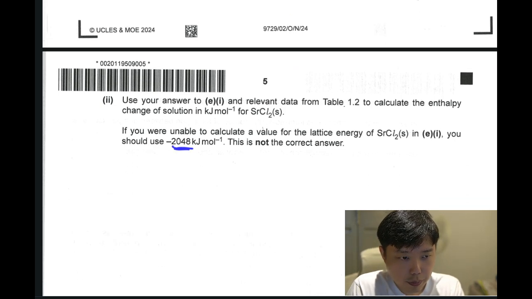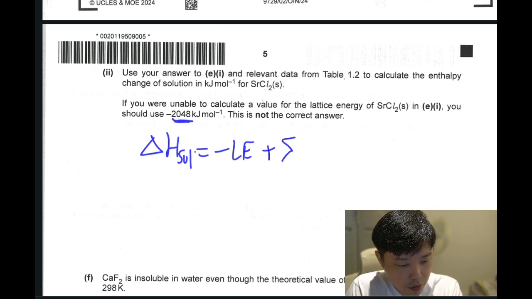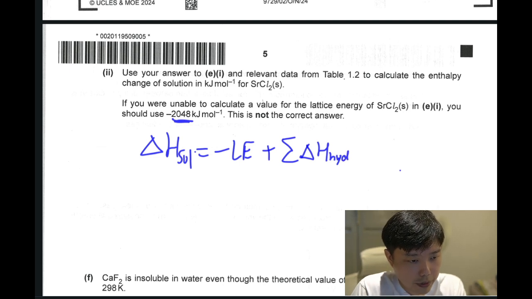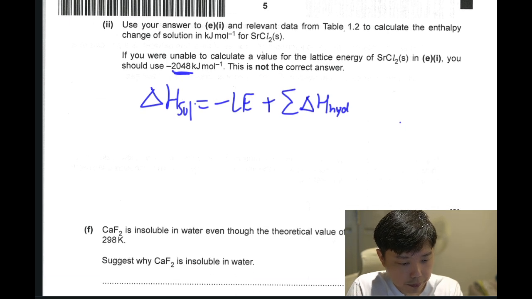Okay, so if you remember your delta H of solution, delta H of solution is actually equal to negative lattice energy plus the sum of both delta H hydration, or both cation and anion. Maybe you should split it up so that you will remember.